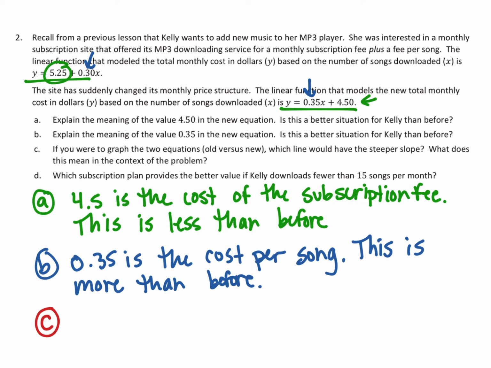C says, if you were to graph the 2 equations, the old versus the new, as 2 separate lines, which line would have a steeper slope? Well, this one has a bigger rate than this one. So the new would have a steeper slope.